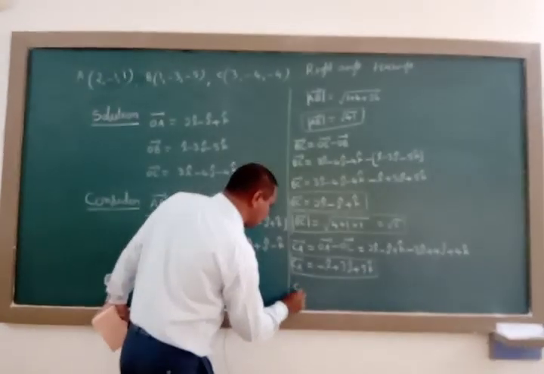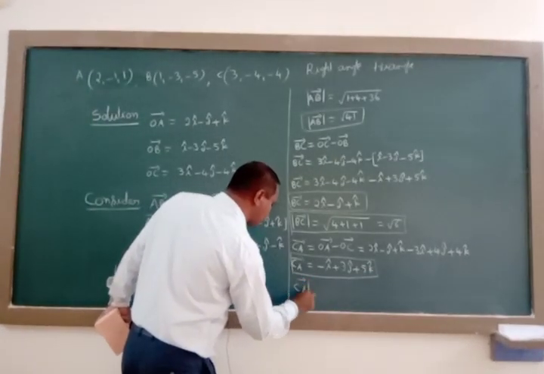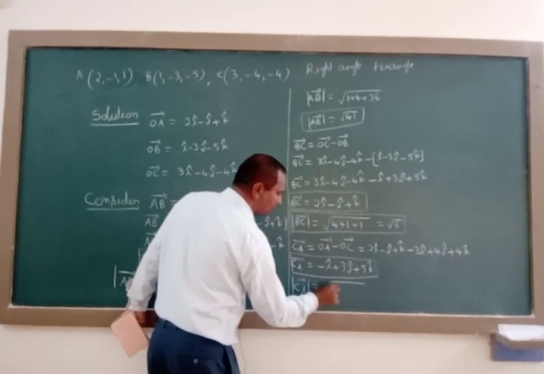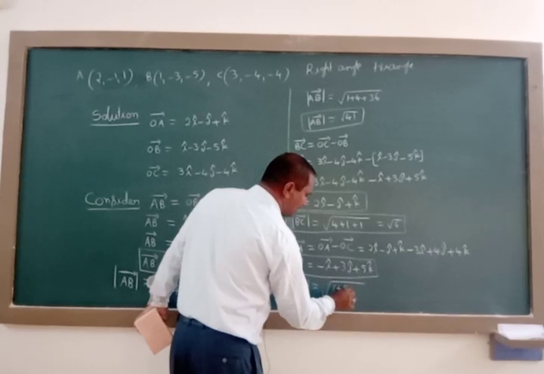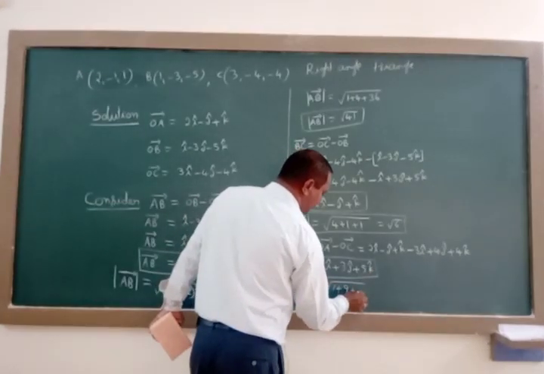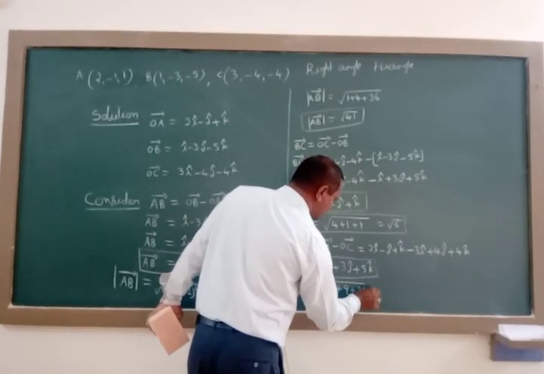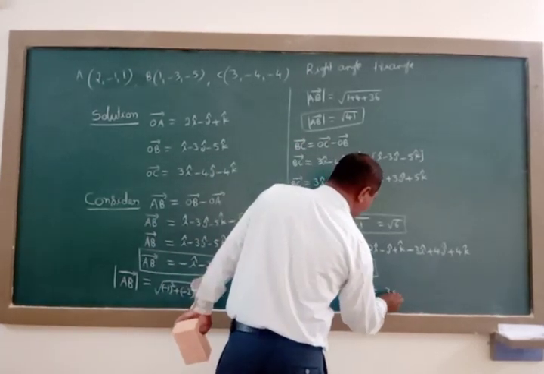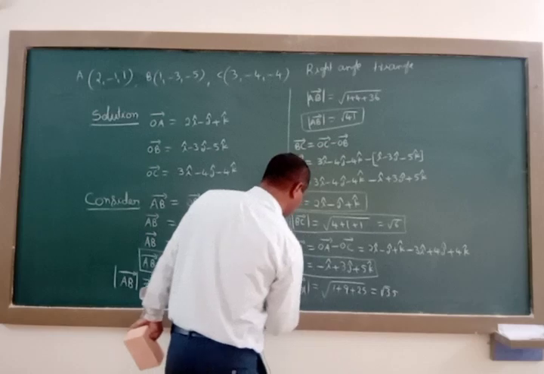And the magnitude of CA bar is equal to square root of minus 1 whole square plus 3 squared, 9, plus 5 squared is 25, so we got 35, square root of 35.